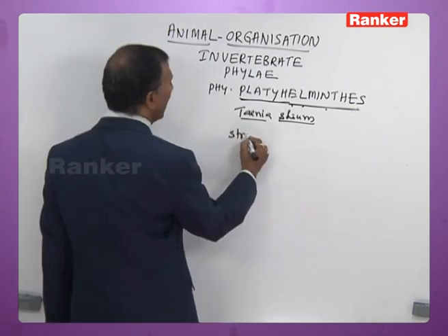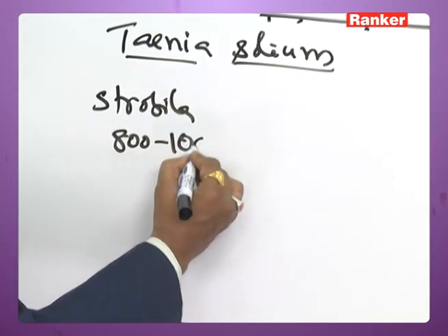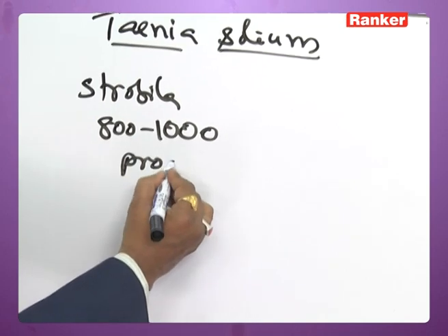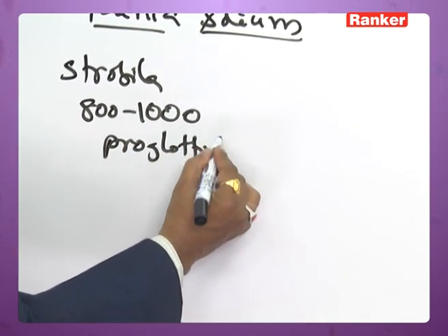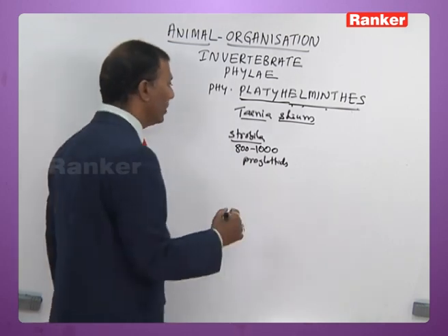Then the strobila contains about 800 to 1000 proglottids.